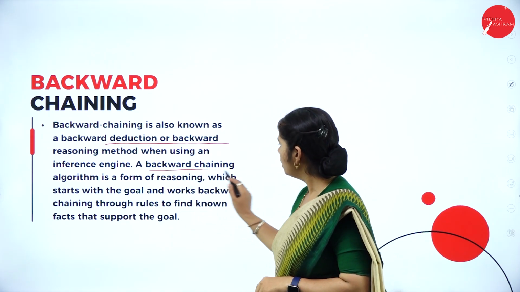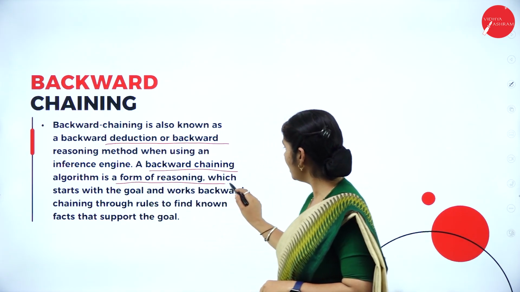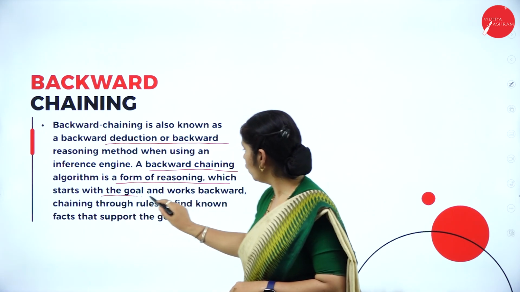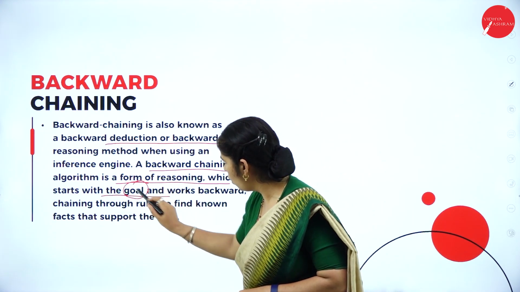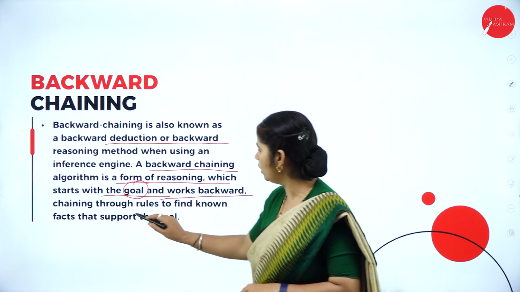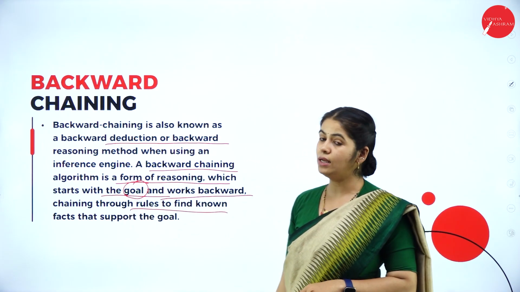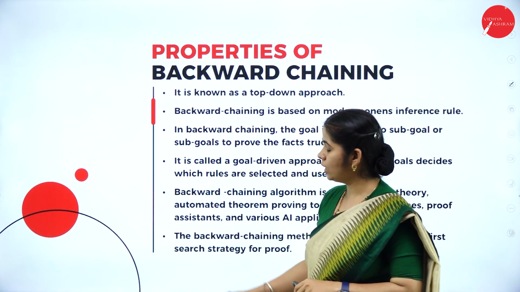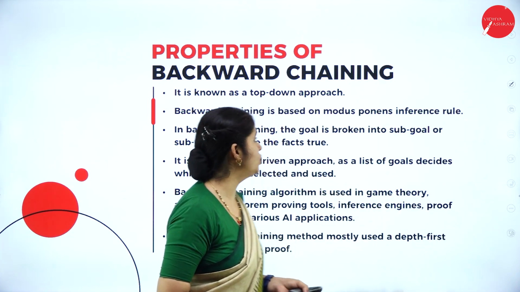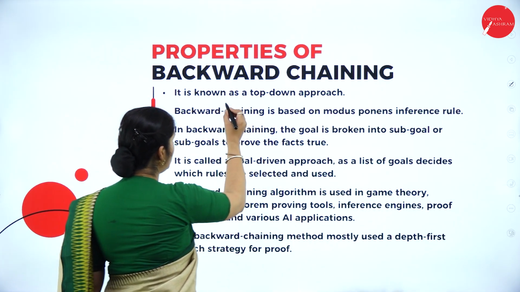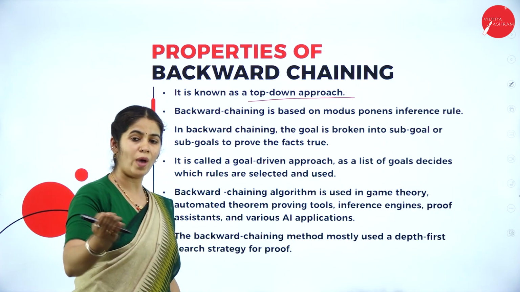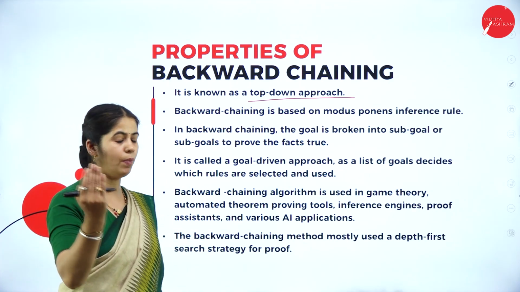A backward chaining algorithm forms the reasoning which starts with the goal. It starts with where? The goal, and works backward through the rules to find the known facts. So those are the properties of backward chaining. As I just mentioned, it is a top-down approach, whereas forward chaining is a bottom-up approach.